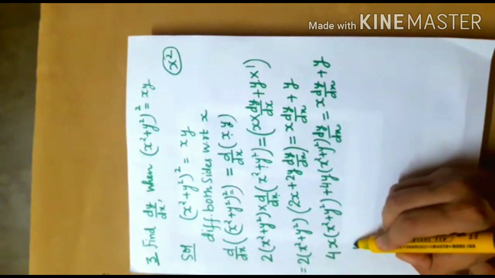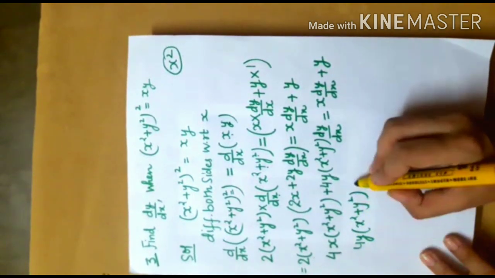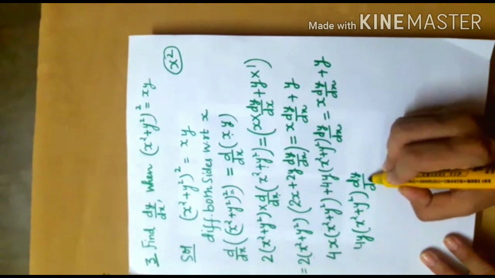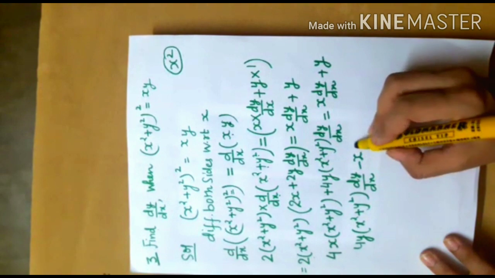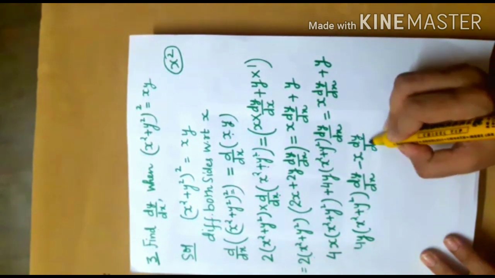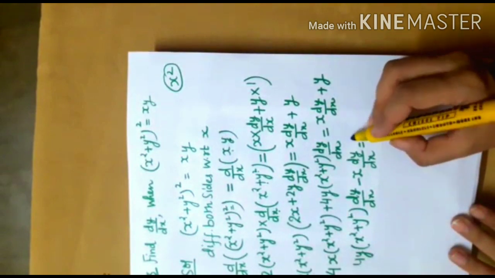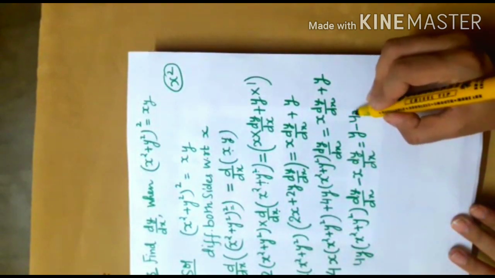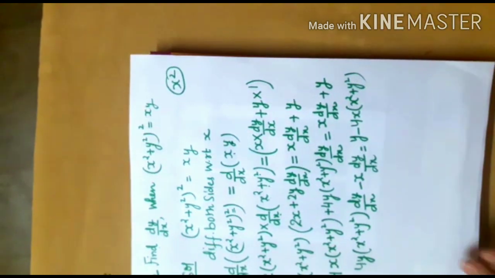So here 4y (x square plus y square) dy by dx, transpose this term to the other side, and shift this to the right hand side. So y minus 4x (x square plus y square).